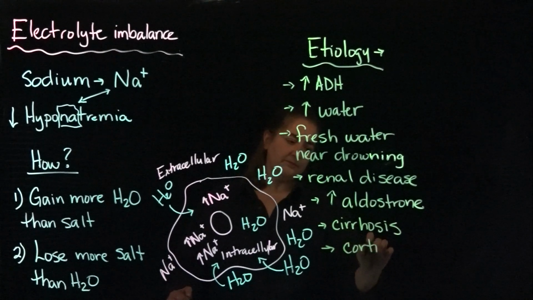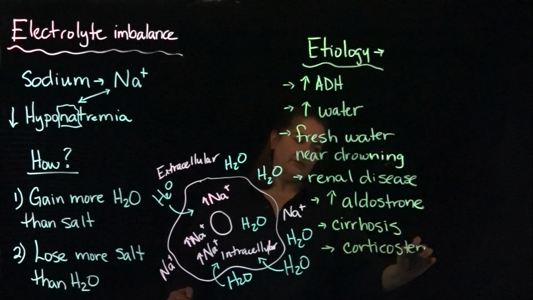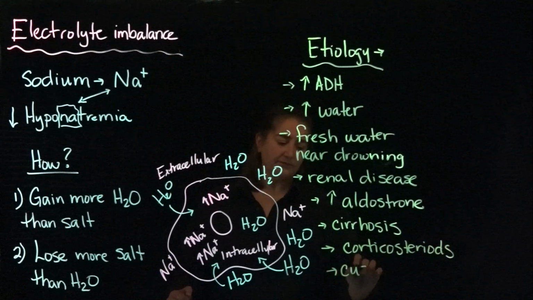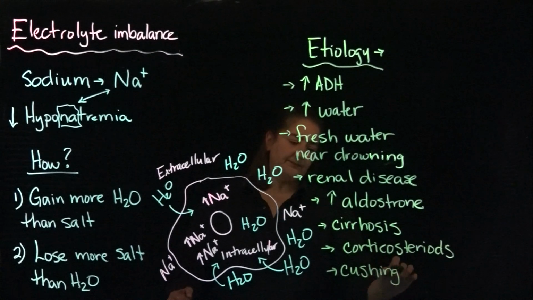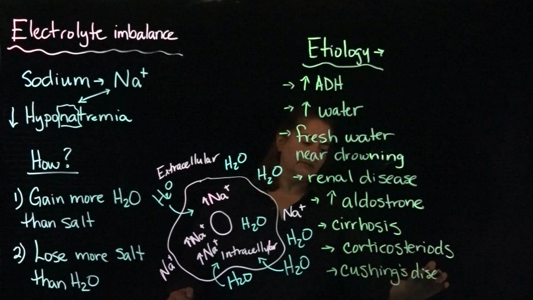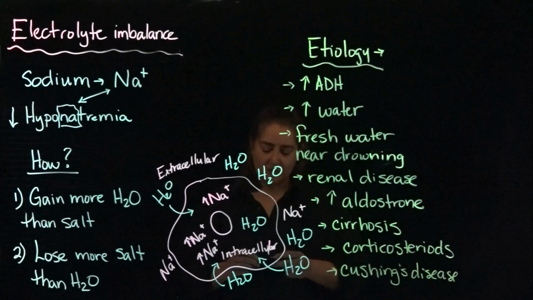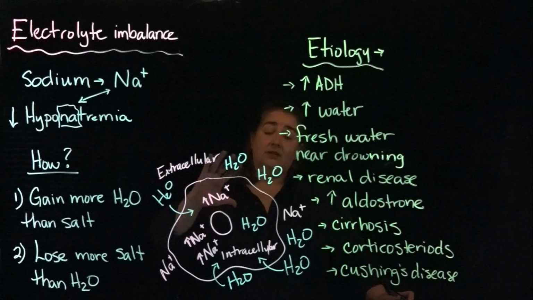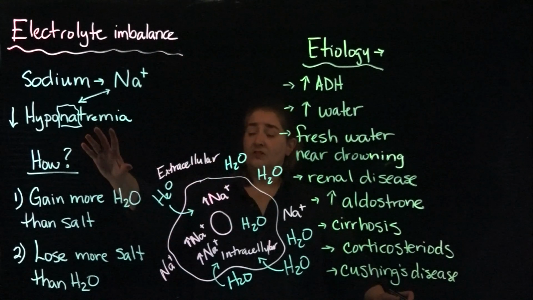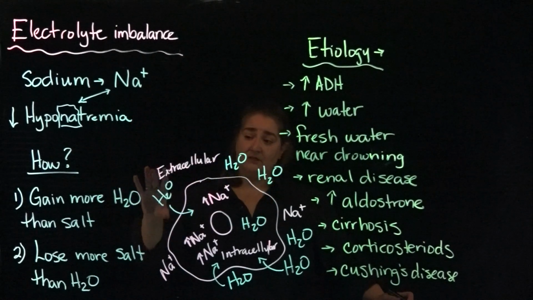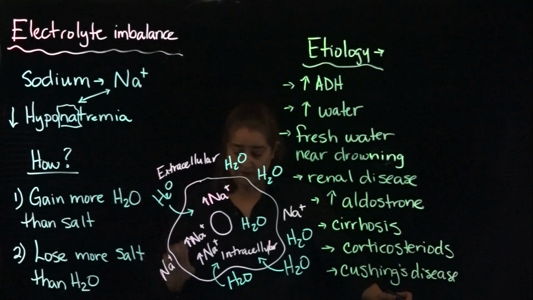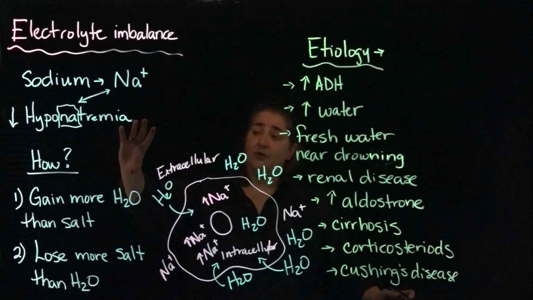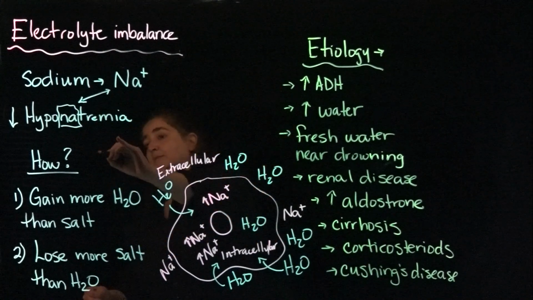Corticosteroids are another one that can cause imbalance. And related to that, Cushing's disease can also result in water being retained or not eliminated, and therefore sodium levels drop because of the increase in water. So really what we're talking about with this one is fluid excess.